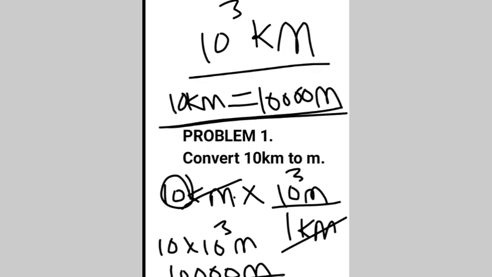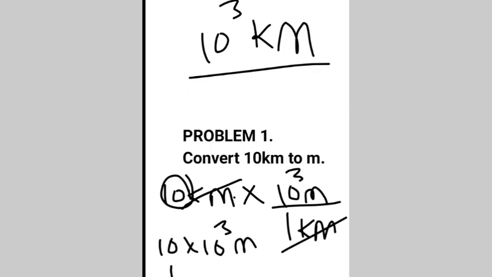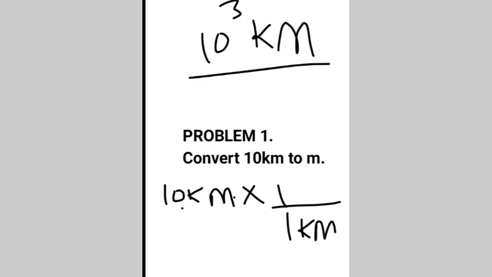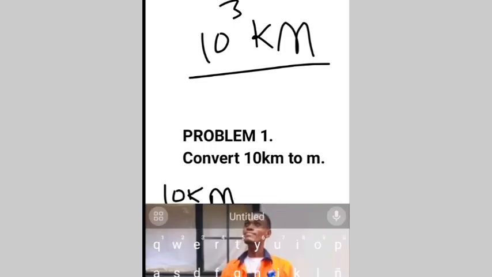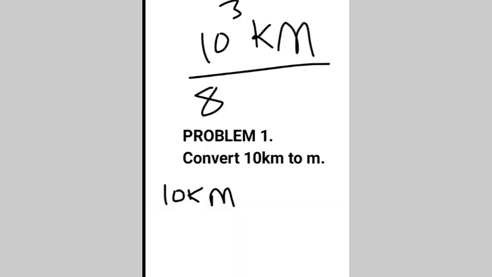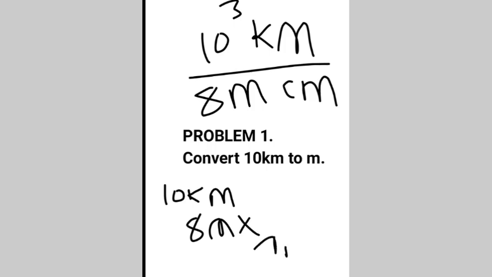Now, how can you convert when you have been given a different one? Let's say in this case we have 8 meters to centimeters. How can we convert this? We know that 1 meter is equivalent to 100 centimeters. So we are going to have 8 meters multiplied by 1 meter, which we know represents 100 or 10 power 2 centimeters.